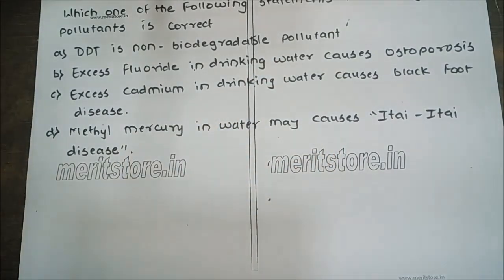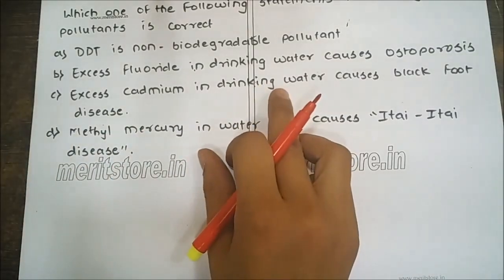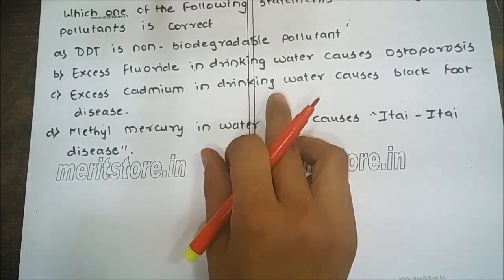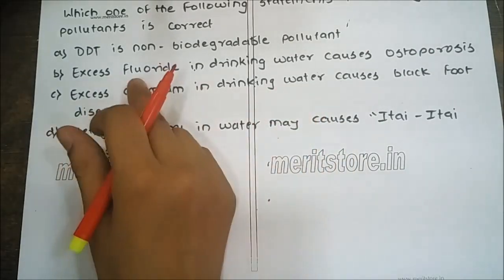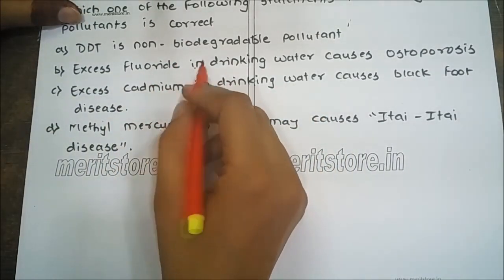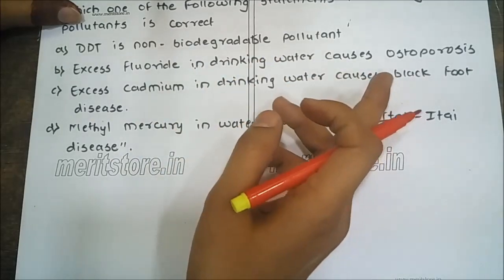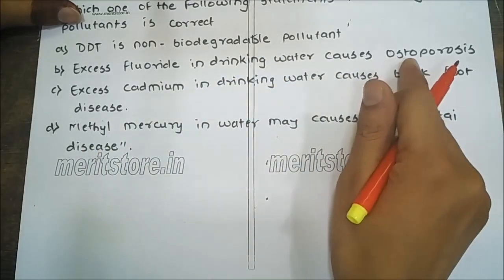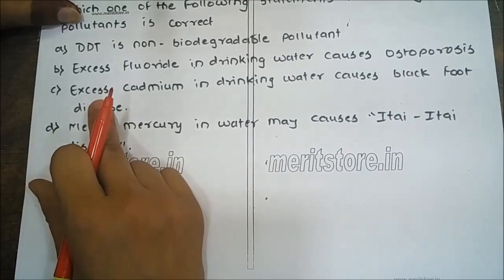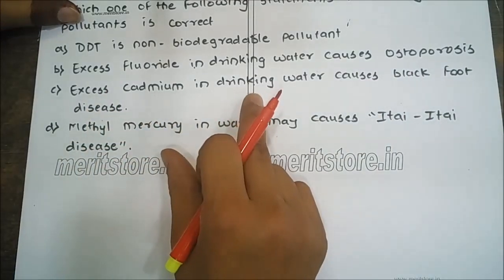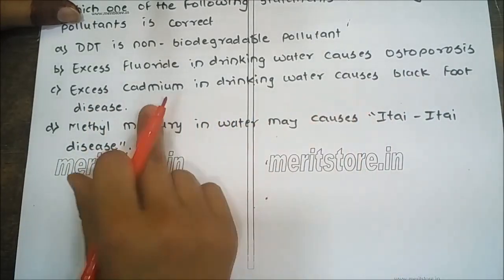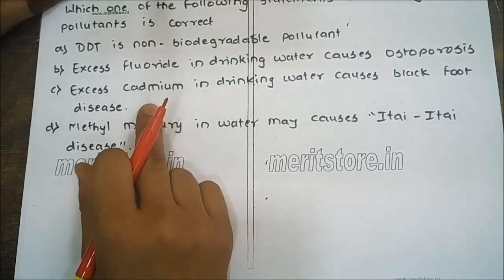The excess fluoride in drinking water causes osteoporosis. Excess fluoride will cause fluorosis and weakening of bones, but it is not the cause of osteoporosis. C. Excess cadmium in drinking water causes blackfoot disease.